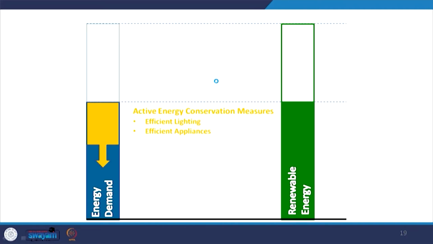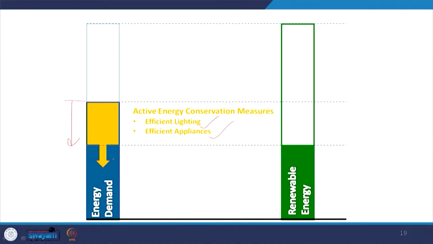Next, we employ the active energy conservation measures, that is by using efficient lighting and efficient appliances, and we reduce our energy demand further. As we go on reducing our energy demand, the equivalent amount of renewable energy which needs to be produced also keeps going down.